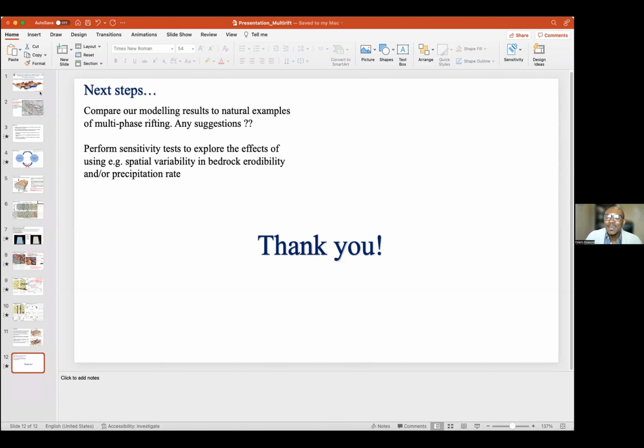So my question is that your model assumes a wide rifting scenario. And I'm wondering that in the narrow rifting scenario, you could also have the same observations that you show here, not all of them, but a lot of the observations that you show for the wide multi-phase scenario.